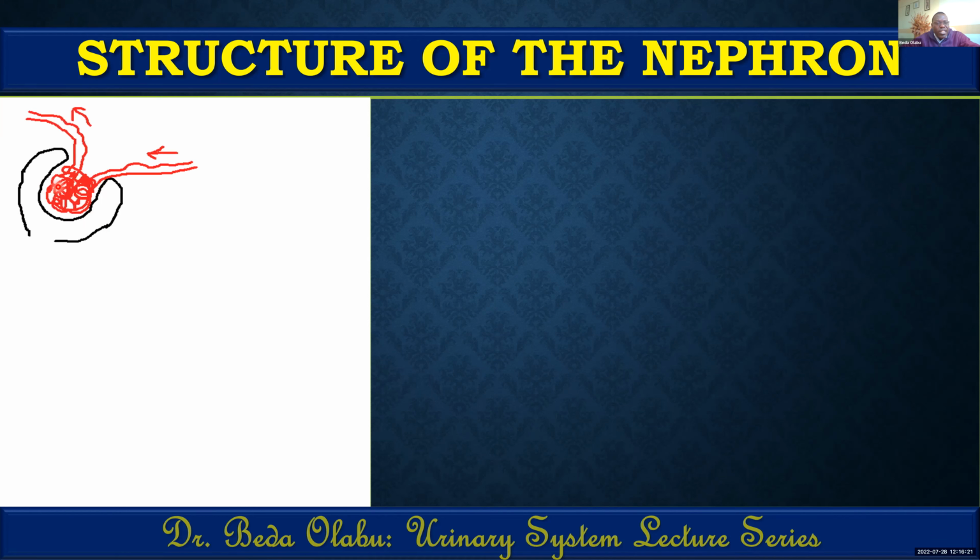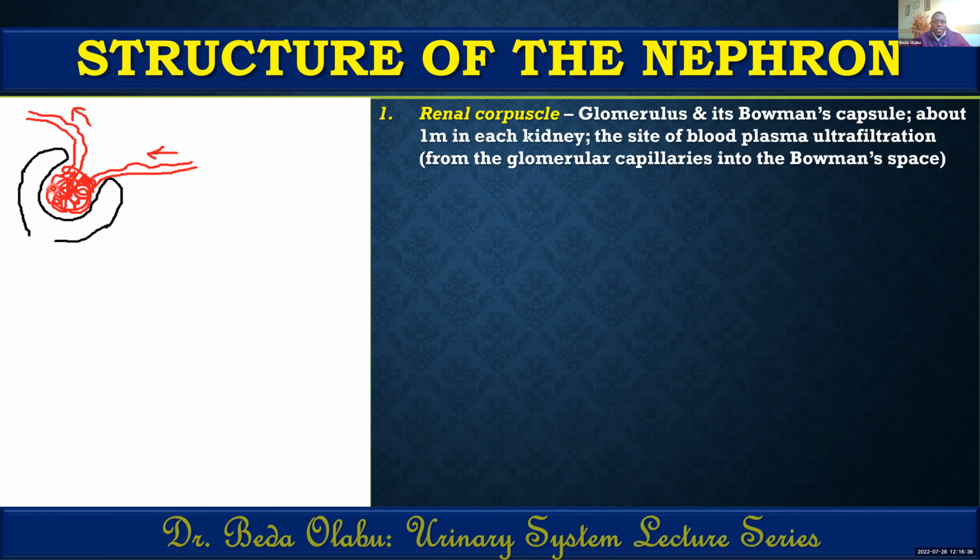The capillary that enters is what we call the glomerulus, with this being the vascular pole and this being the urinary pole. The vessel entering is called the afferent arteriole, the one leaving is called the efferent arteriole.